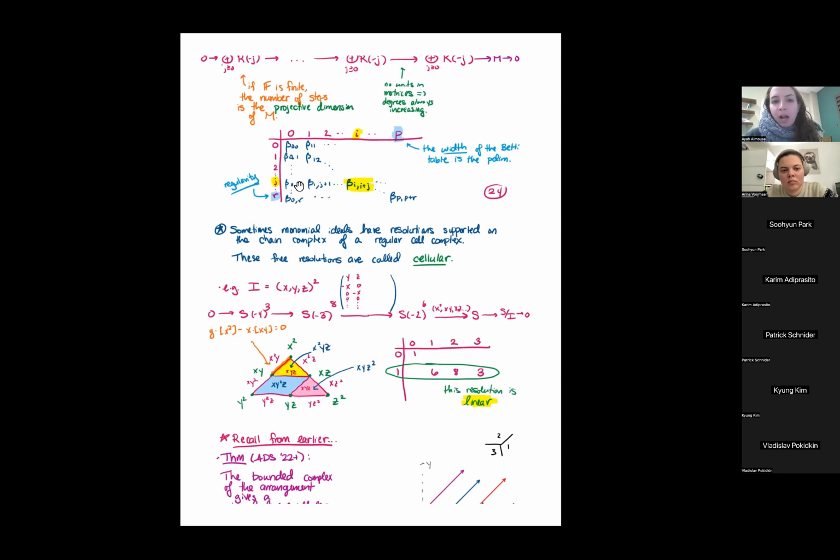In the (i,j)th spot, I'm going to put beta_{i,i+j}, because I'm getting rid of a diagonal, this big triangle of zeros I would have if I were to just put i. This is a more efficient way of encoding this information. And if the free resolution is finite, then the number of steps is going to be what I'm going to call the projective dimension.